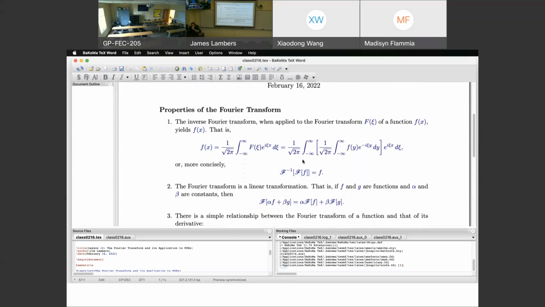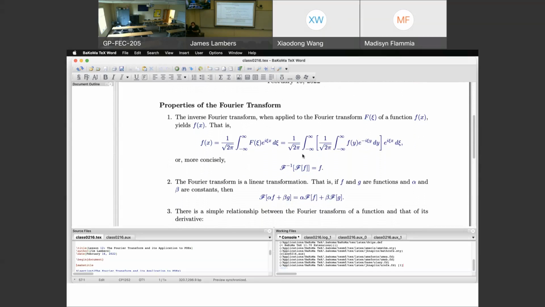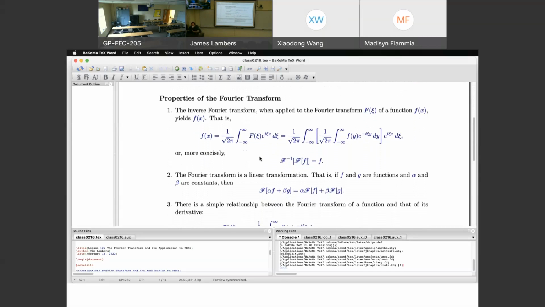So here are some basic properties of the Fourier transform and its inverse. So first, if you have a function little f of x, and you take its Fourier transform, which gives you a new function, capital F of ξ, where ξ is the variable in frequency space, then the inverse transform applied to capital F really does give you back little f of x.